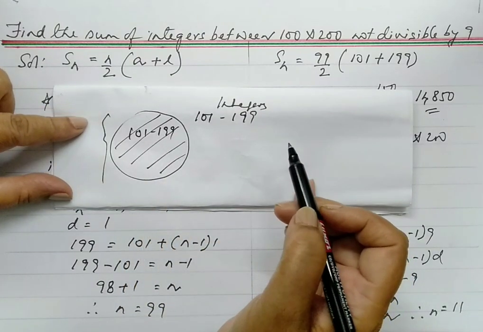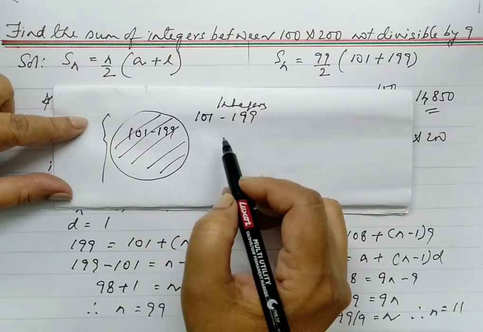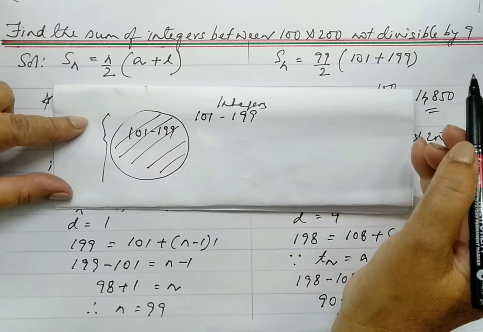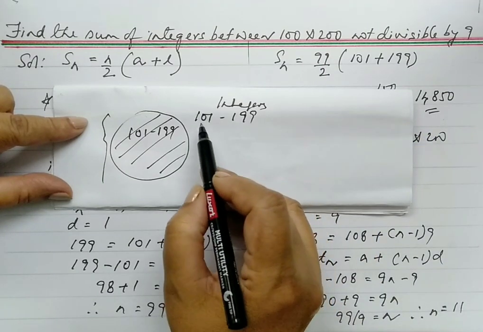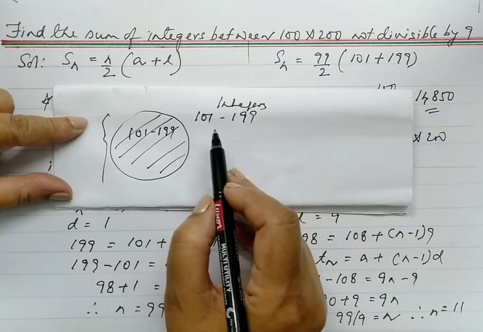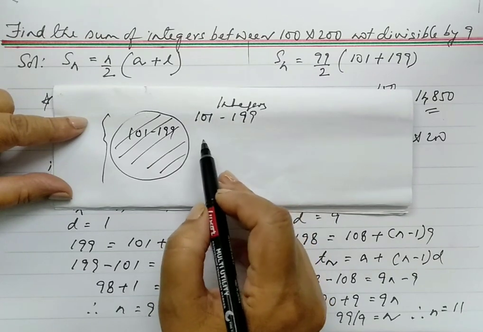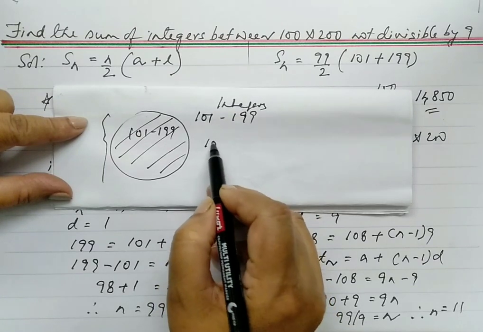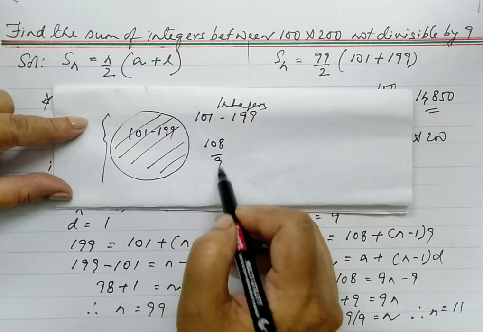Now there will be some integers which will be multiples of 9. Am I right? For example, from 101, if we go to inspect, we'll find 102, 103, 104, 105, 106, 107, 108 divides by 9.